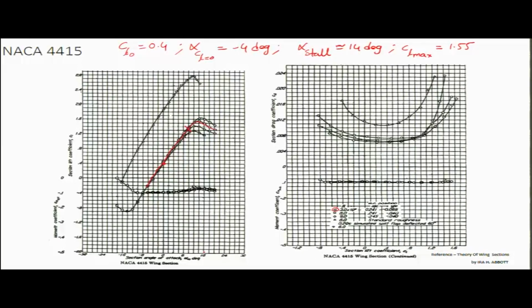right. And what is the linear range of this Cl variation with angle of attack? So from 0, if you observe from this plot, it is varying from minus 2, in fact minus 4 degrees, to approximately 10 degrees.